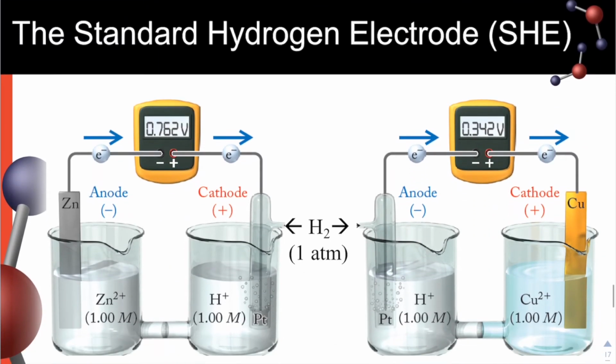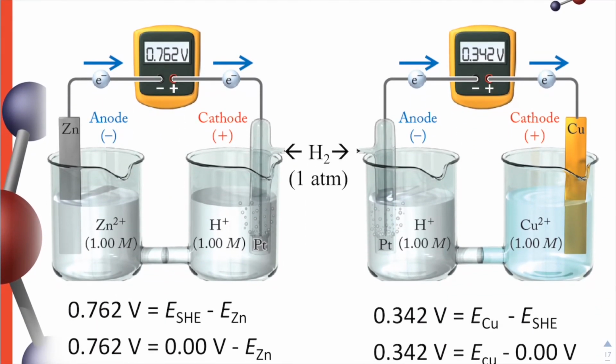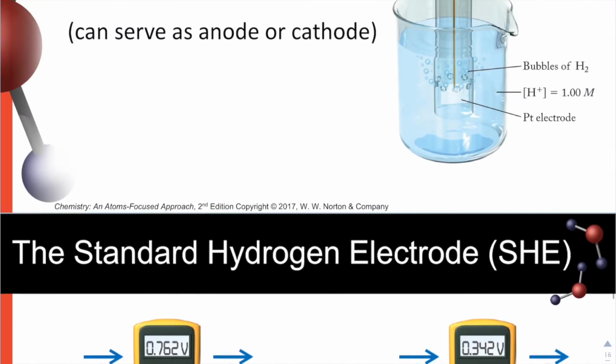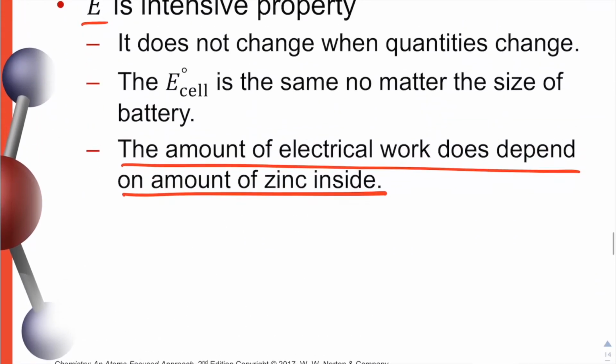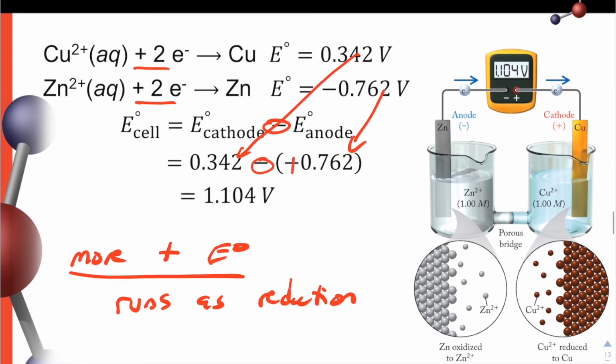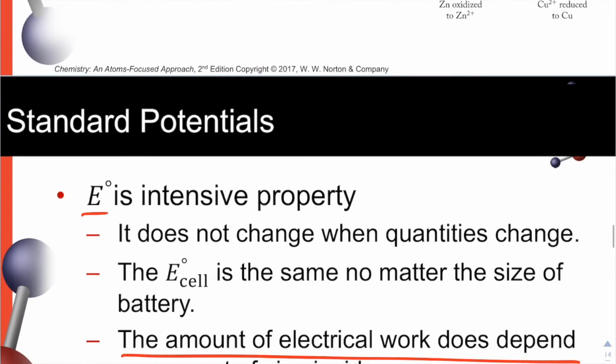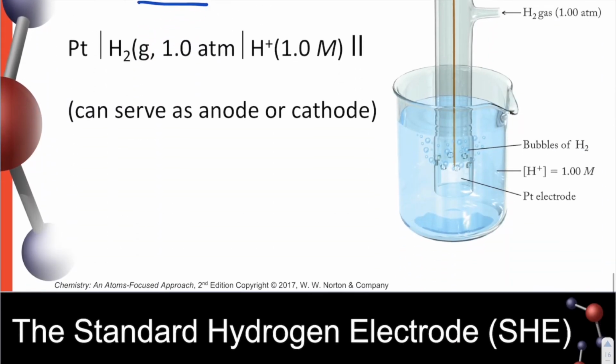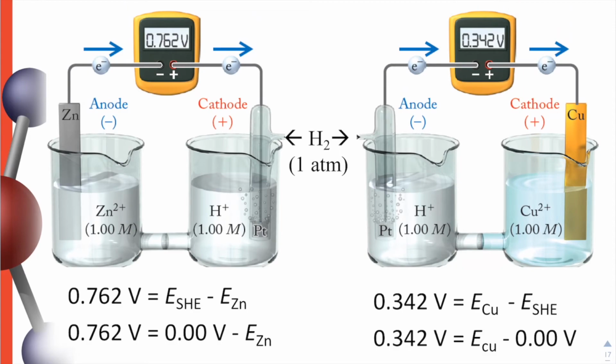Now what we're saying here, these numbers, this 0.762 and this 0.342 that we saw over here, came from pairing it with a hydrogen electrode. And that's what you're seeing here. In this case, you get a positive value in both cases.